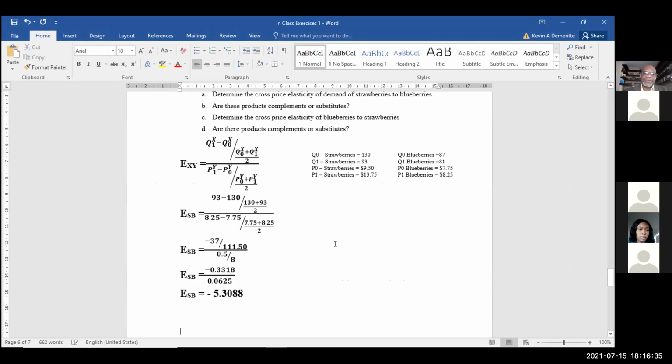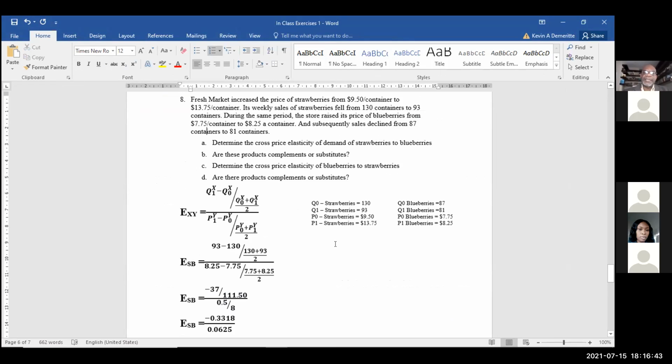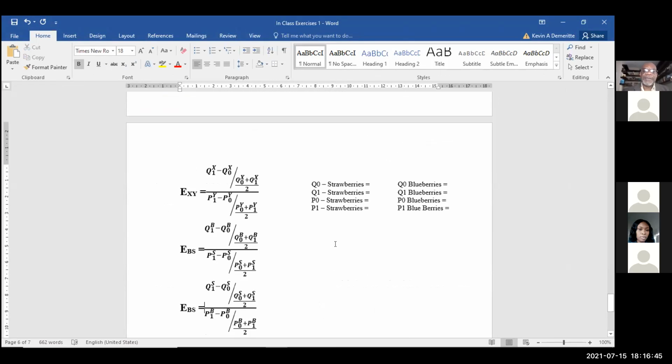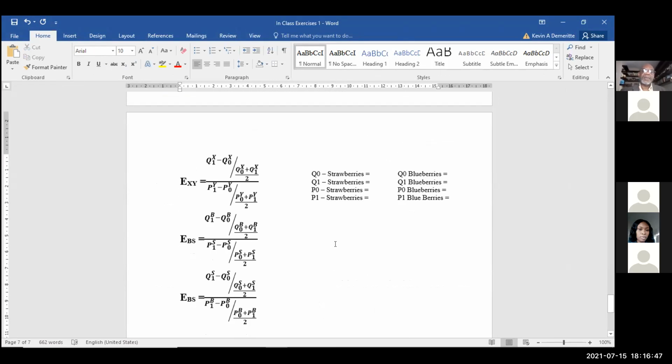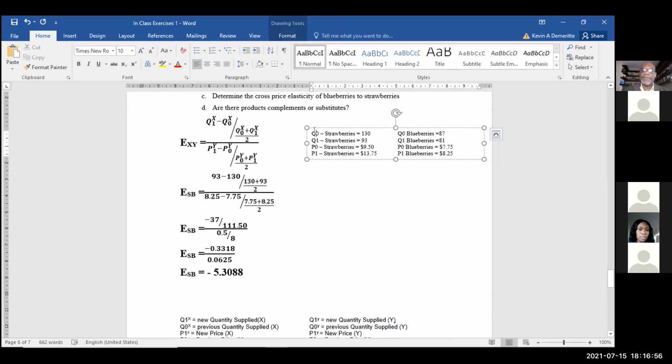All right, so can we do the same for cross-price elasticity of blueberries to strawberries now? All right. So I need the same information. If I take that on the previous page, how do I do that? I guess I should copy this.